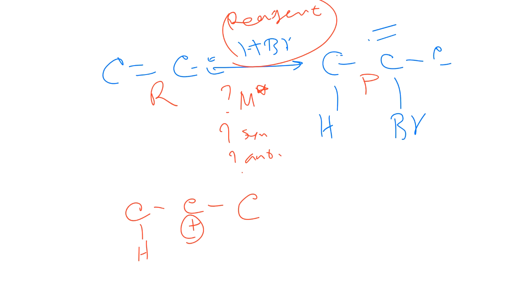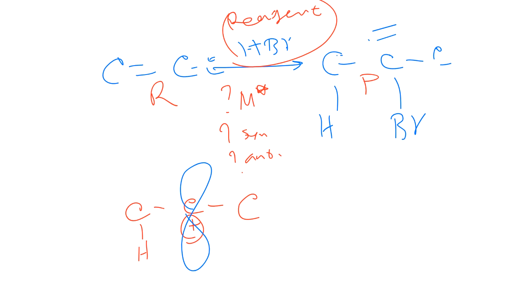Okay, which one is going to be added then? Which side is it going to be added from? On top. What is the hybridization for this carbon, which is the carbocation?